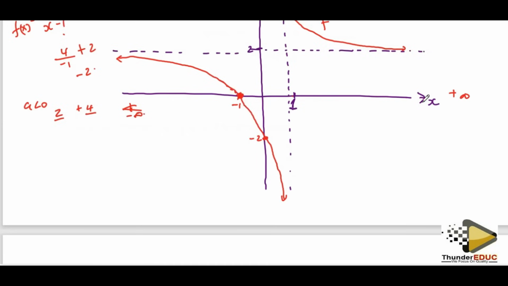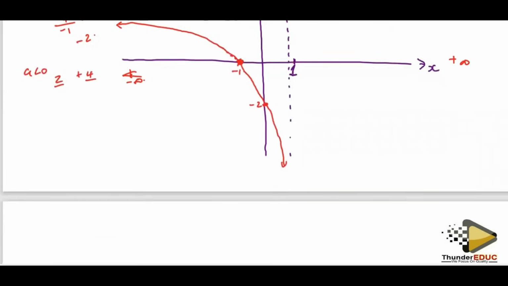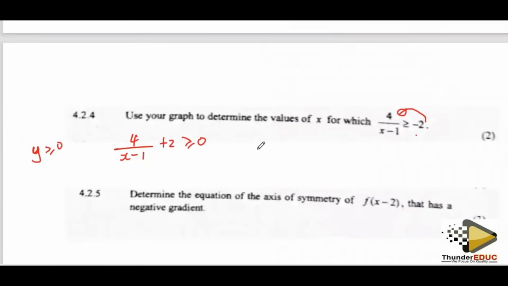So my representation is going to be x must be less than or equal to negative 1, and also x must be greater than 1. Those are the two conditions under which the graph will be above the x-axis. So less than or equal because the graph is passing through negative 1, and then we're using just greater than because 1 is an asymptote. It can't pass there.